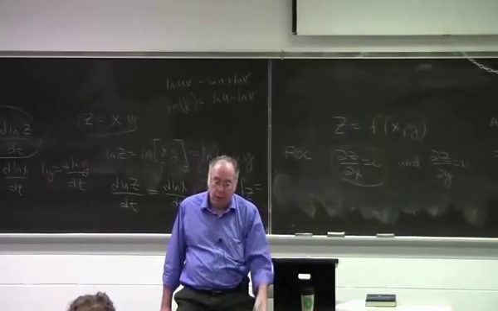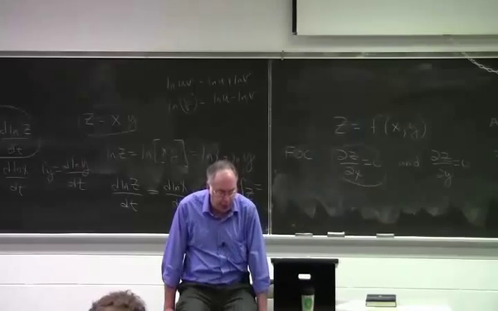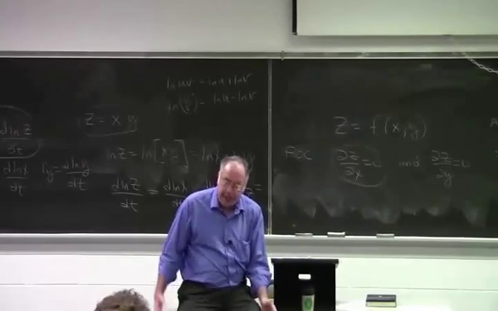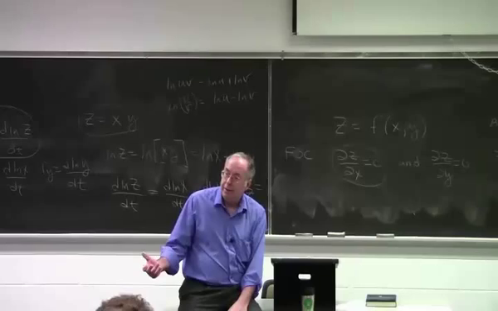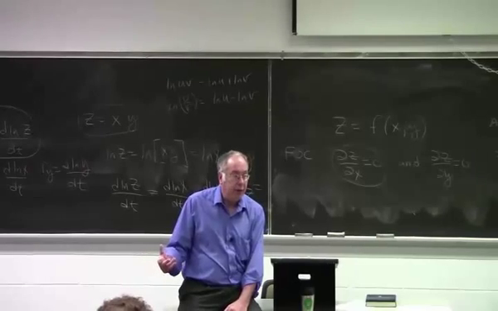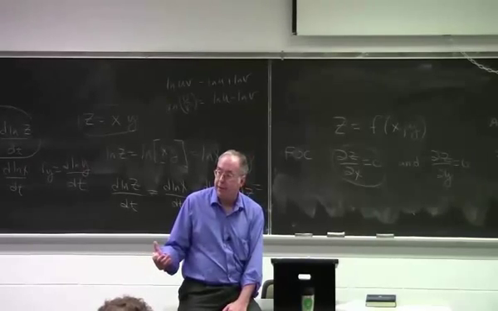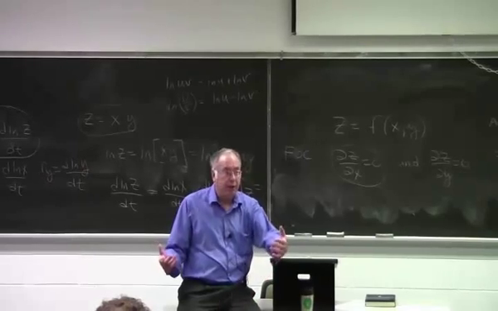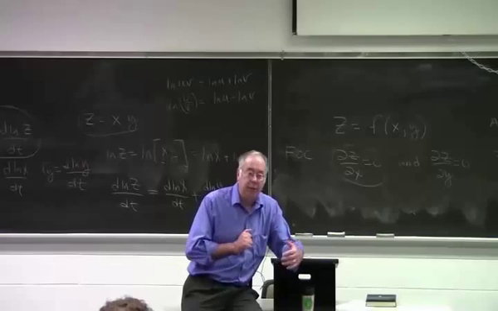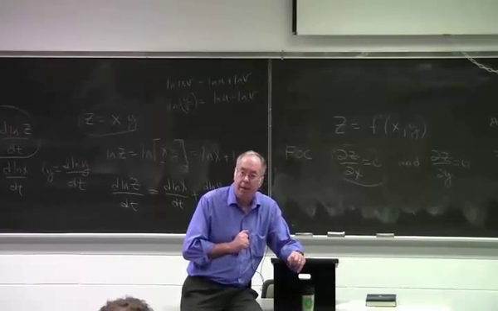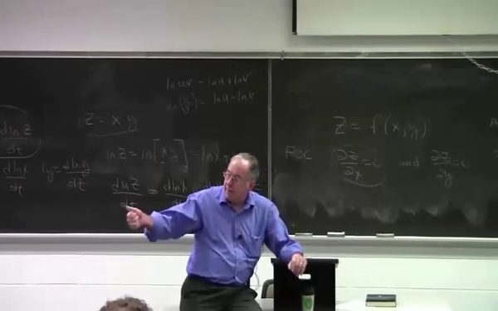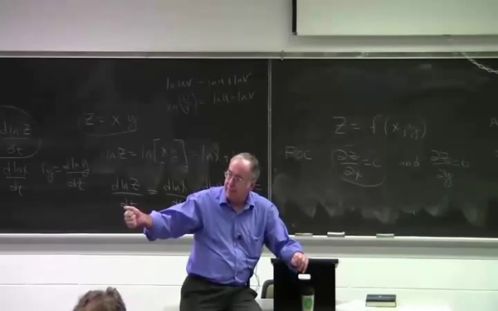Okay. So suppose partial z, partial x is negative. Why does that mean you cannot be at the maximum value of z? Well, if partial z, partial x is negative, what does that mean in simple words? Exactly. It means x and z move in the opposite direction.